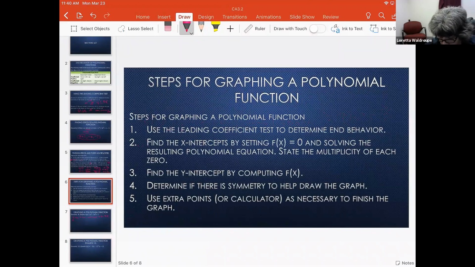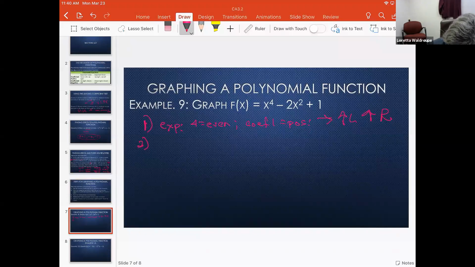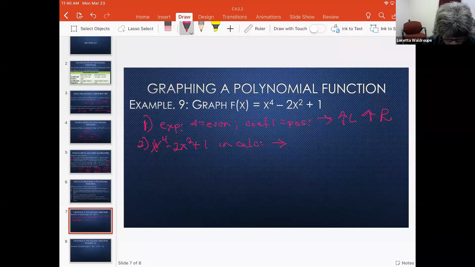Step 2, go back to your list if you need to. Set it equal to 0 and find the x-intercepts. And how did we find the x-intercepts? We plugged it in the calculator, right? x to the 4th minus 2x squared plus 1 in your calculator.